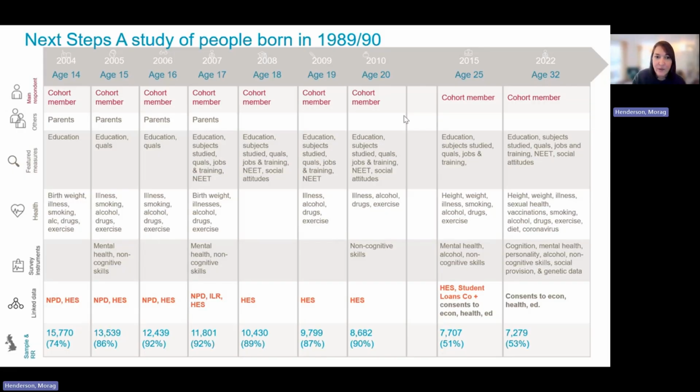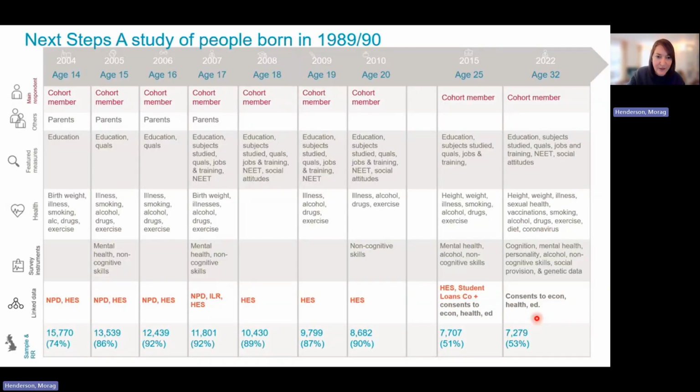Education was quite a strong focus, so there are lots of measures that capture qualifications, jobs and training, subject choice, but we do still have some health dimensions. We've got health behaviours such as alcohol, drugs, exercise, smoking, and some self-report of birth weight, as well as weight and height in adulthood, so we can calculate BMI.